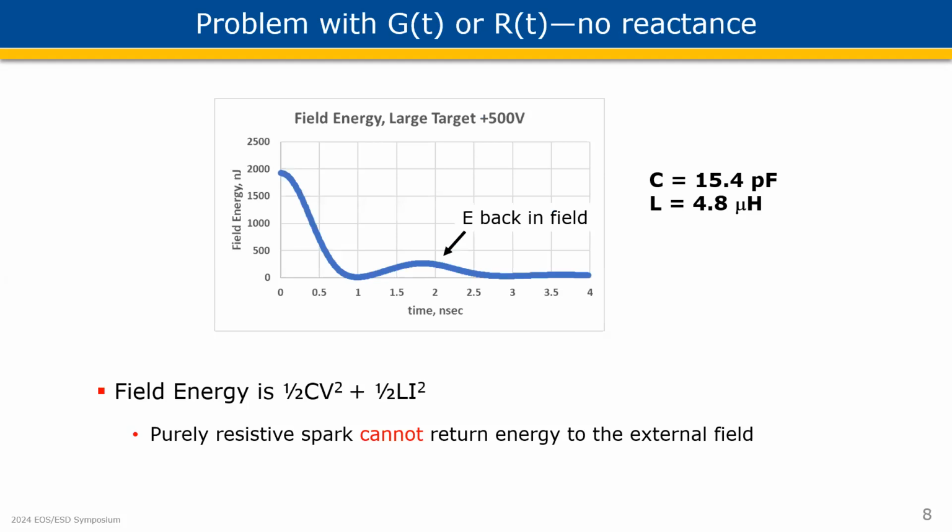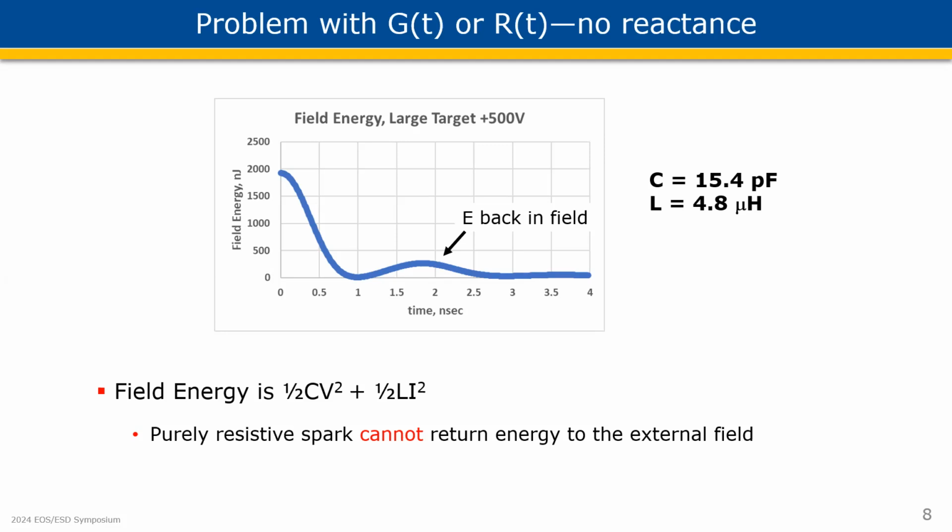And as if that was not enough, the GUT or RUT would not be a sole solution to the problem anyway, because we can do a calculation not based on circuit modeling at all, really, just knowing what the external inductor and capacitor are like for the fixture and the probe, do a calculation of field energy versus time from the waveform, and we have a collapse of the field energy as expected, but then a rebound of energy back in the field here at longer times, as you can see.